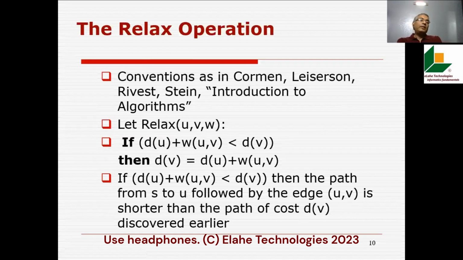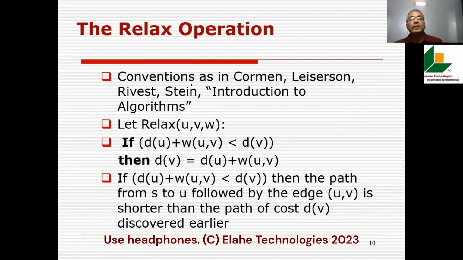So we defined a relax operation, relax UVW. If du plus WUV is less than dV, then dV is equal to du plus WUV. What does this mean?